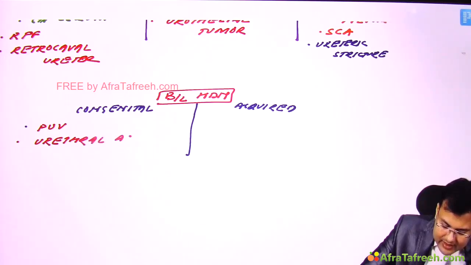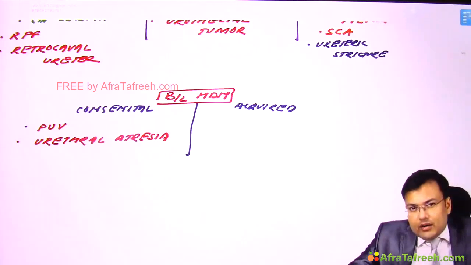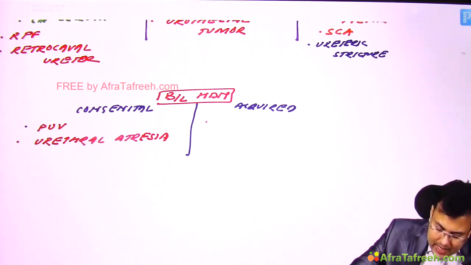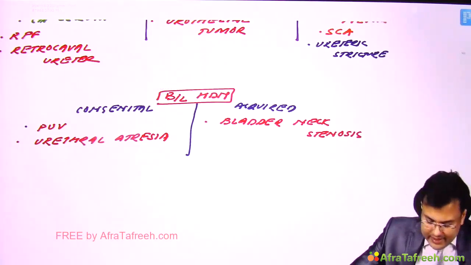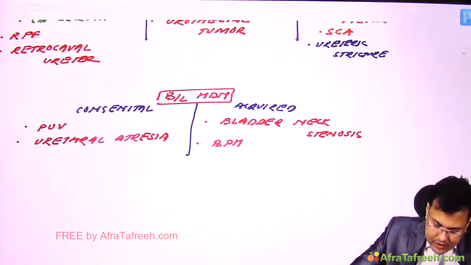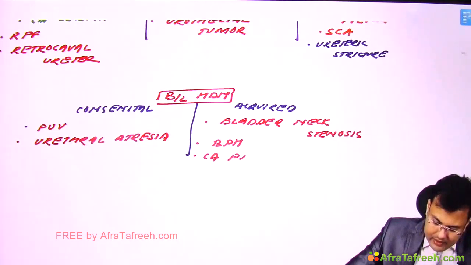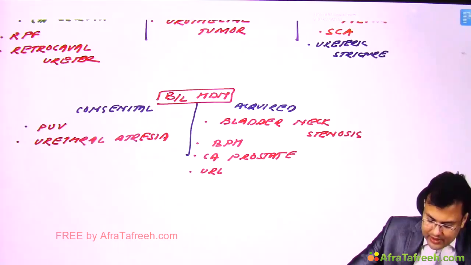What are the acquired causes? Bladder neck stenosis. Clear? Second, BPH, carcinoma prostate, and urethral stricture.